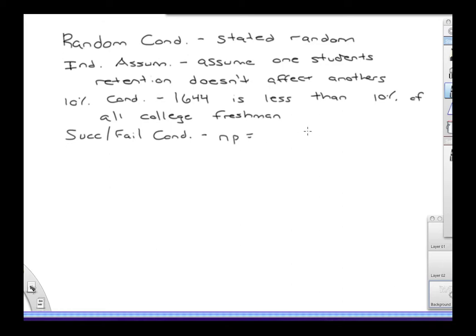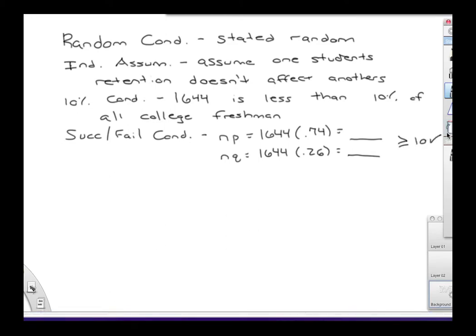Our sample size is 1,644 times 0.74, our sample proportion. And nq is 1,644 times 0.26. I don't have a calculator right now, but I know both of these are greater than or equal to 10, so that checks.